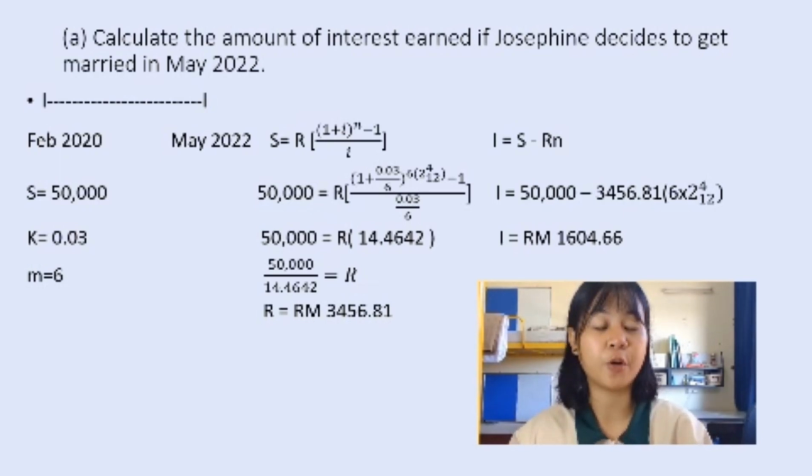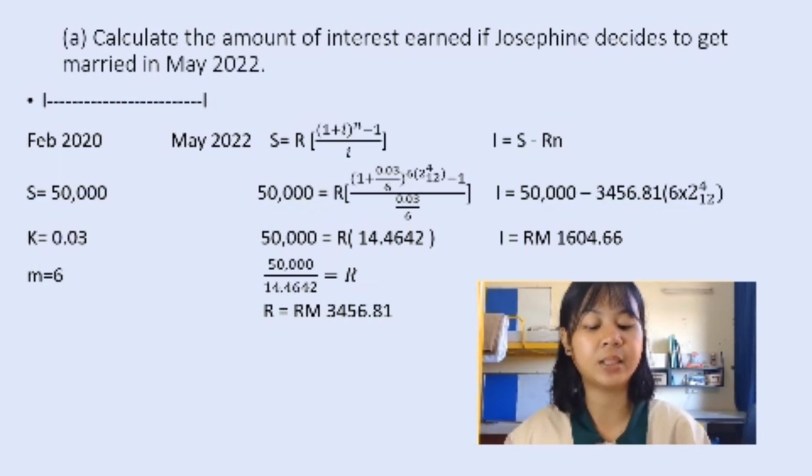We will insert all the information that we have already extracted. 14.4642 will be moved under 50,000 to be divided, and we will get the answer for R, which is 3,456 and 81 cents. Only then can we proceed to use the interest formula because we have all the complete information.